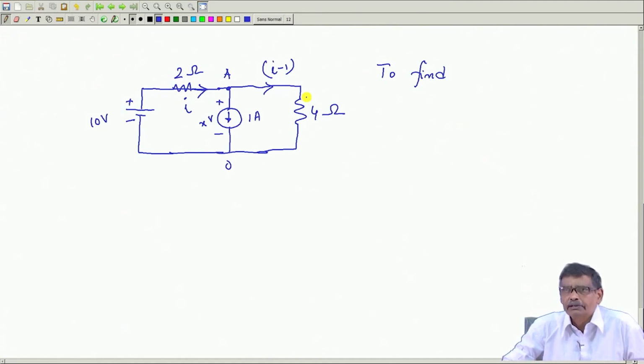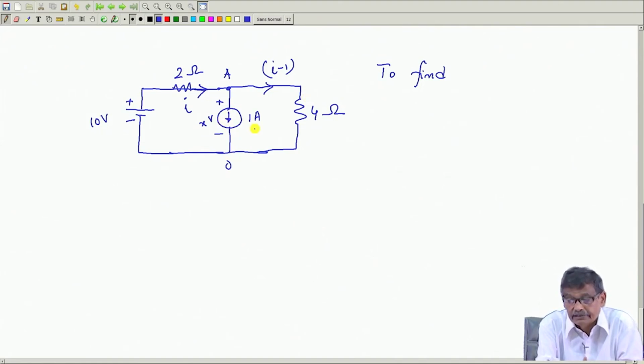In a circuit only having batteries and other resistances, the voltage across the battery is known, but how much current it is delivering is decided by the impedance connected. The converse is true for the current source: it is delivering a constant current in this direction, as this arrow indicates, but unfortunately the voltage across the current source is not known.